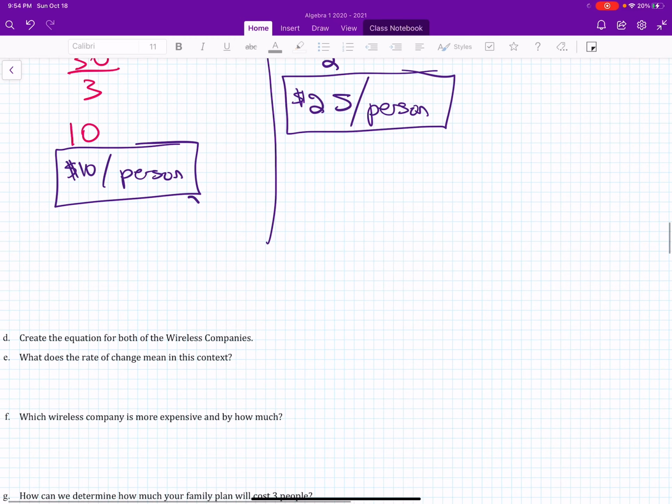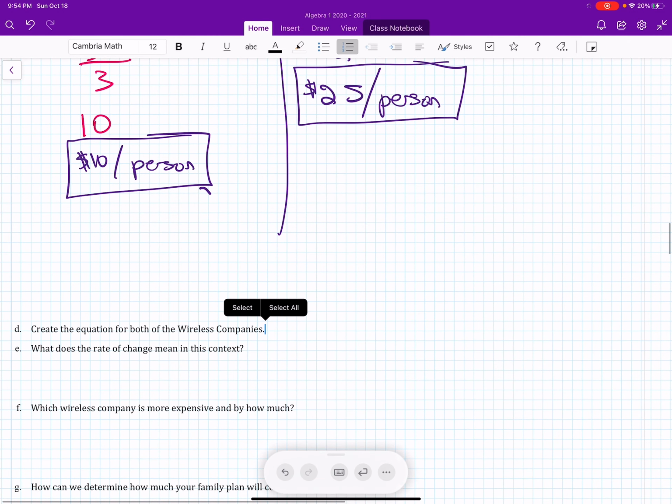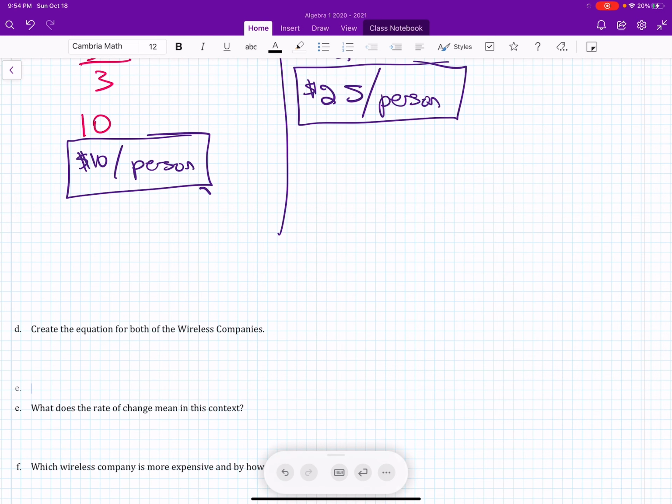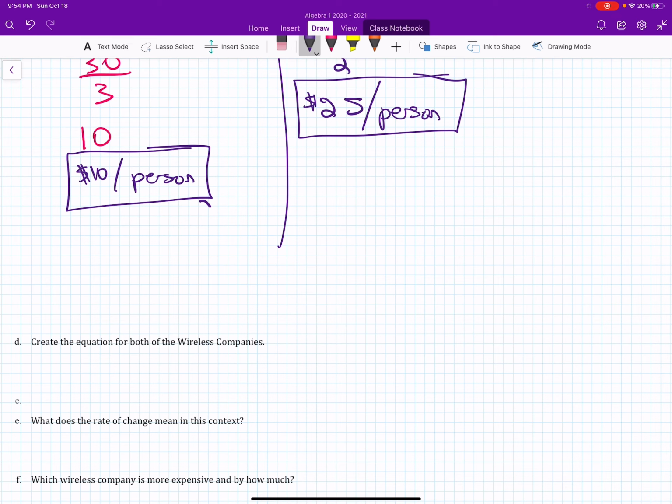Then it asks us to create an equation for both wireless companies. All right. So we've done this before. We just looked at it as y equals kx. But because we know now slope is the variable m, this is changed to y equals mx.